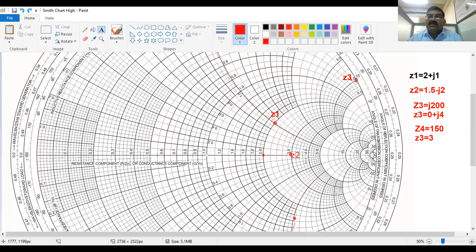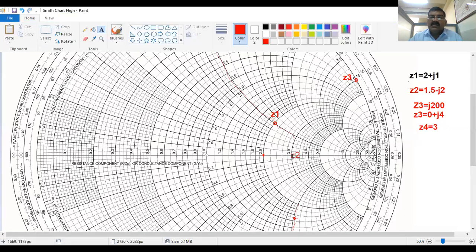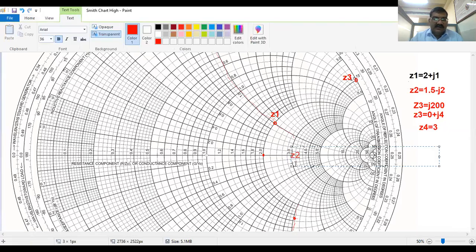Z4 is 3. By mistake, I wrote here Z4. So Z4 is nothing but 3. It was 3, and this 3 is here, and it is Z4. Okay, so it will be Z4.